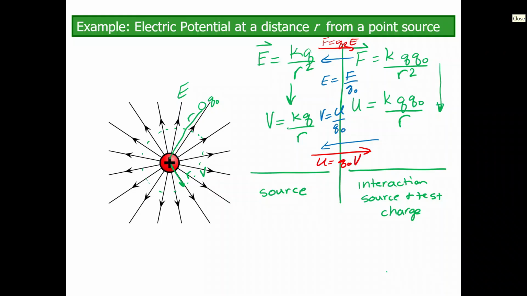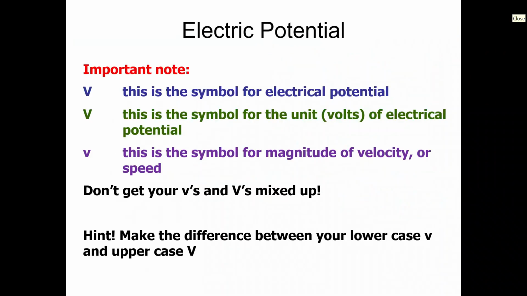Because the two most common charge distributions that you are going to see in this class are the parallel plates and the point charges. So we do have to be careful with symbols. Capital V is the symbol for electric potential. Capital V is the symbol for the volt. Lowercase v is the symbol for velocity or speed. So you have to be careful.